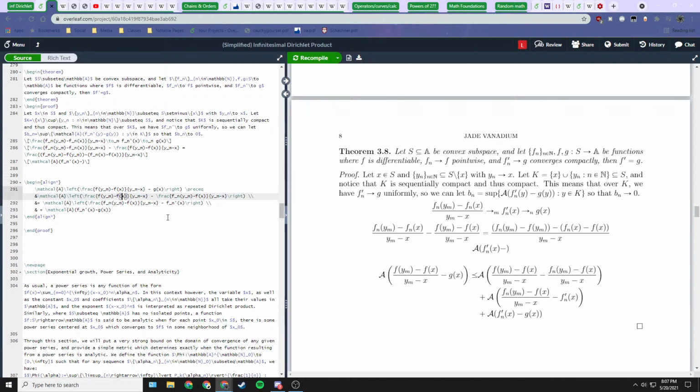We can merge these as the first one will be, actually let's put these together so we can shorten this up a little.